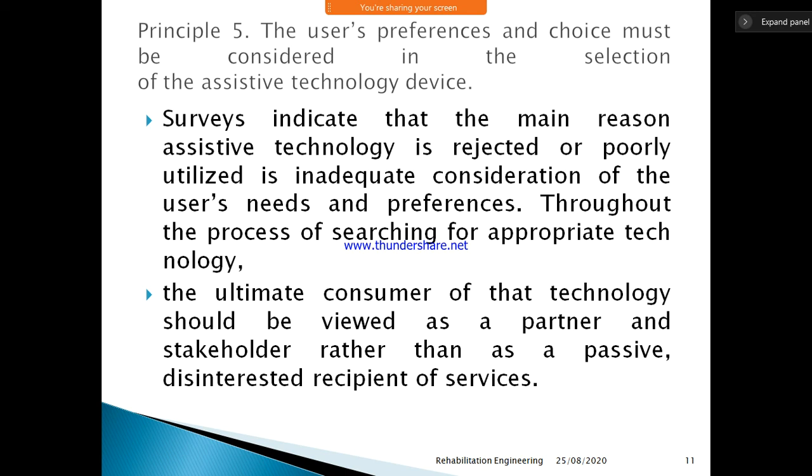That's the third principle. And the fourth one is: careful consideration of available technology for meeting the user's need must be carried out to avoid overlooking potentially useful solutions. So we need to use advanced technology.